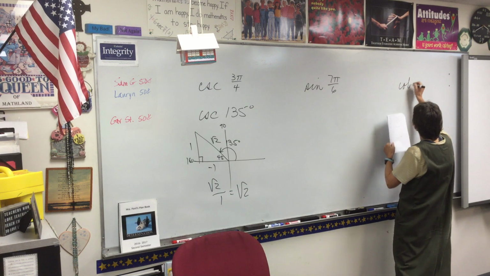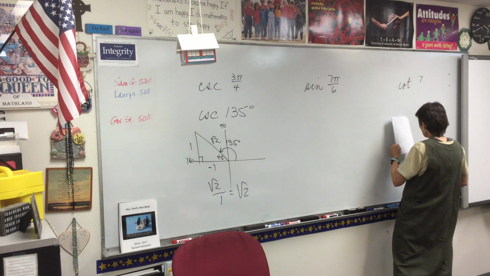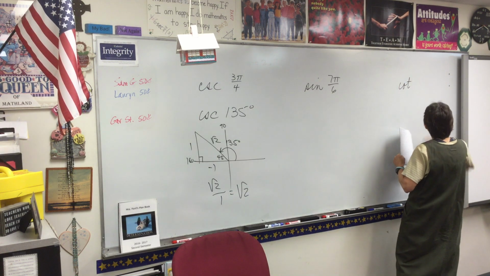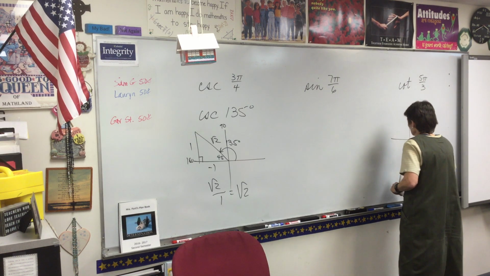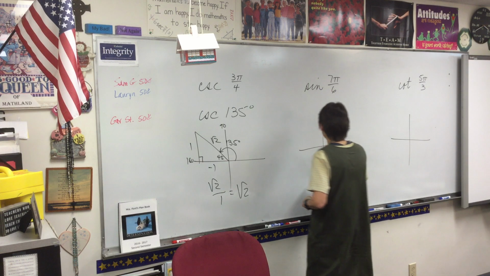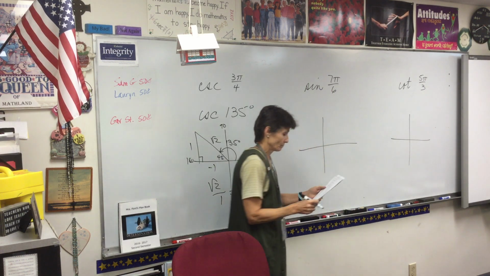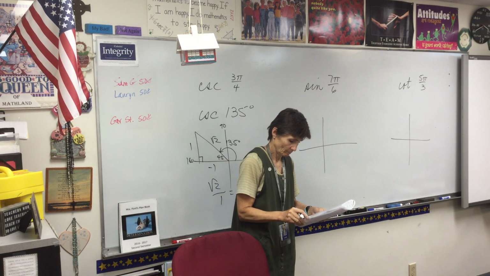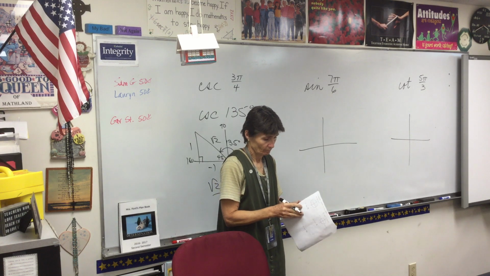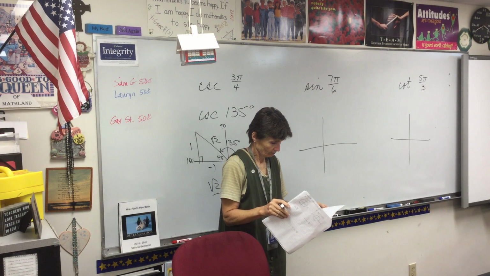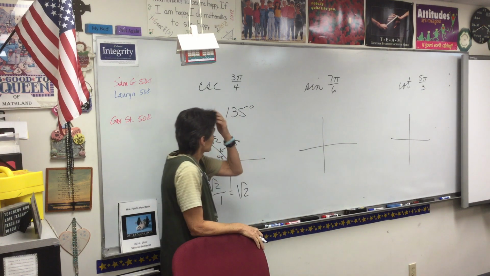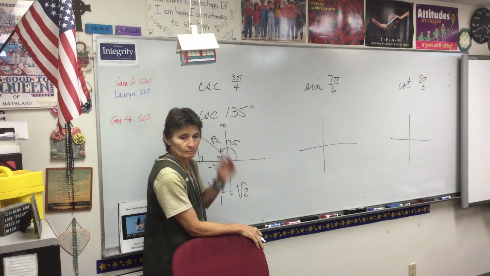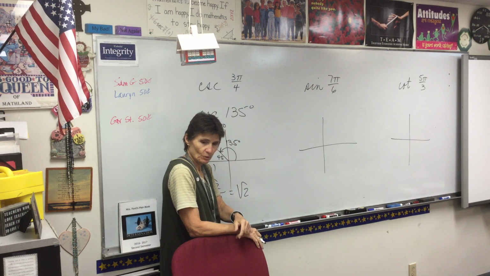And might as well try the cotangent of 5 pi over 3. Emmett, pencil to paper. You got it.